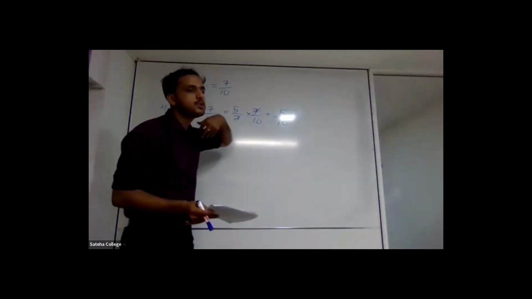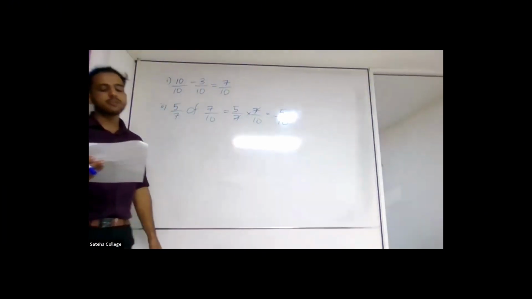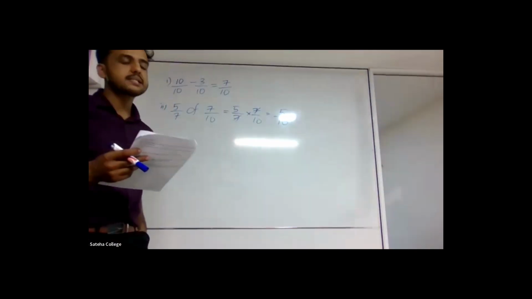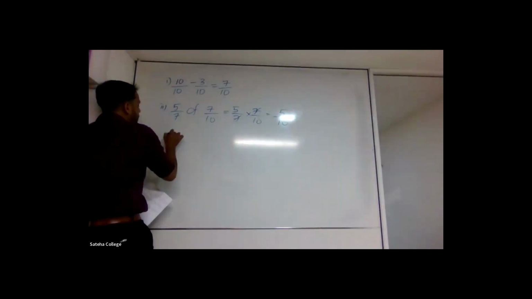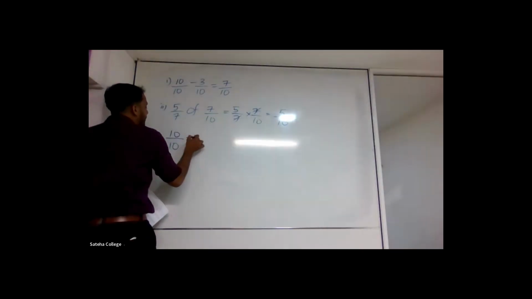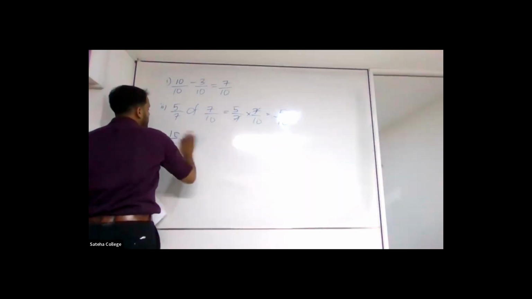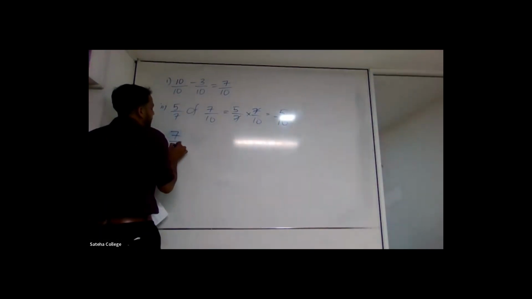Initially, 3 parts is used to serve drinks. Now the question: what fraction of the capacity of the container was the amount of soft drinks left inside the container? Out of 10 parts, 3 parts is used to serve drinks, then 7 parts were remaining.